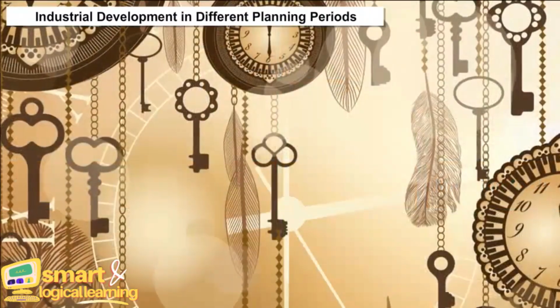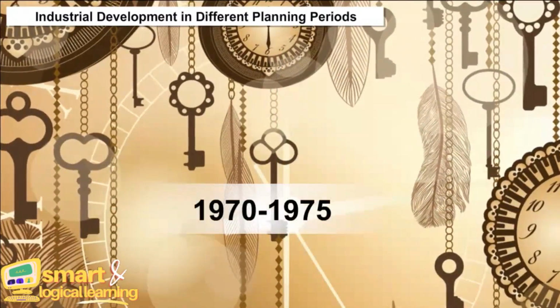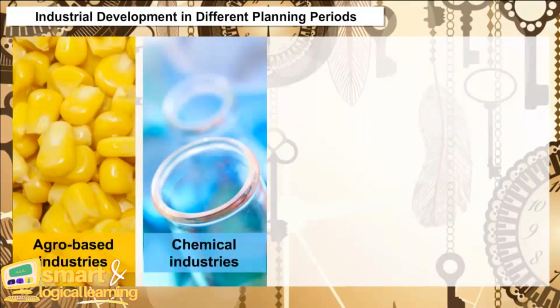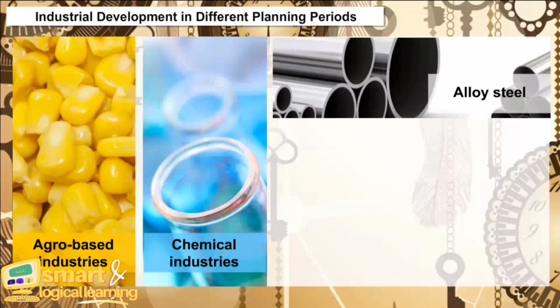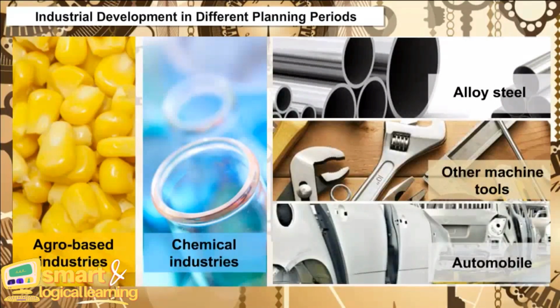During the fourth FYP, that is 1970 to 1975, agro-based industries, chemical industries, specialized alloy steel, other machine tools, and automobile sectors were prioritized.